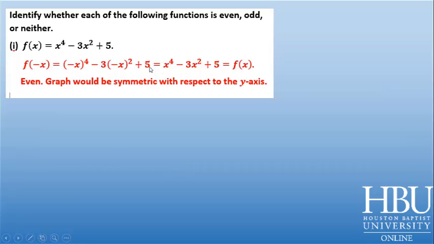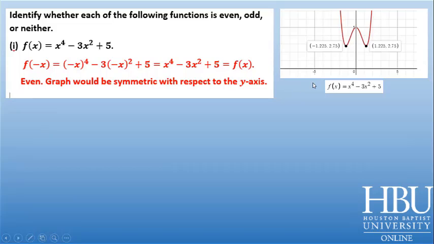So this simplifies to just x to the fourth minus 3 times x squared plus 5, which is f of x. So in this particular case, f of minus x equals f of x. That means this function is even, and its graph would be symmetric with respect to the y-axis.